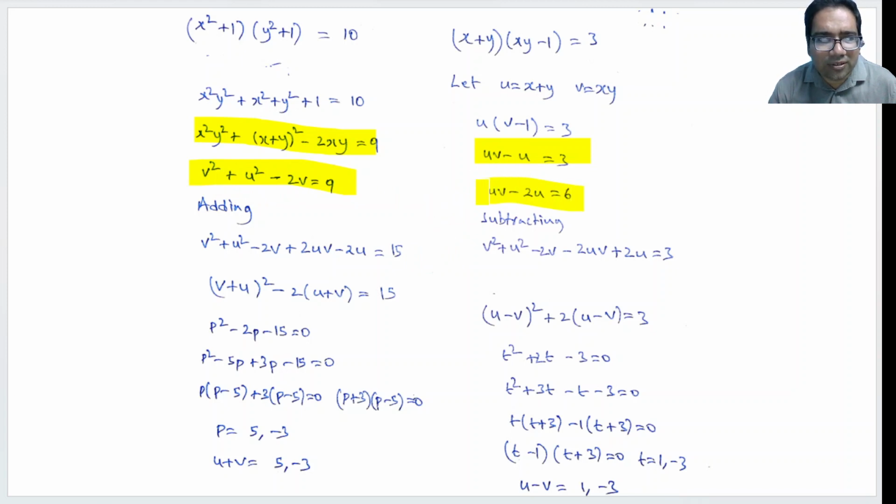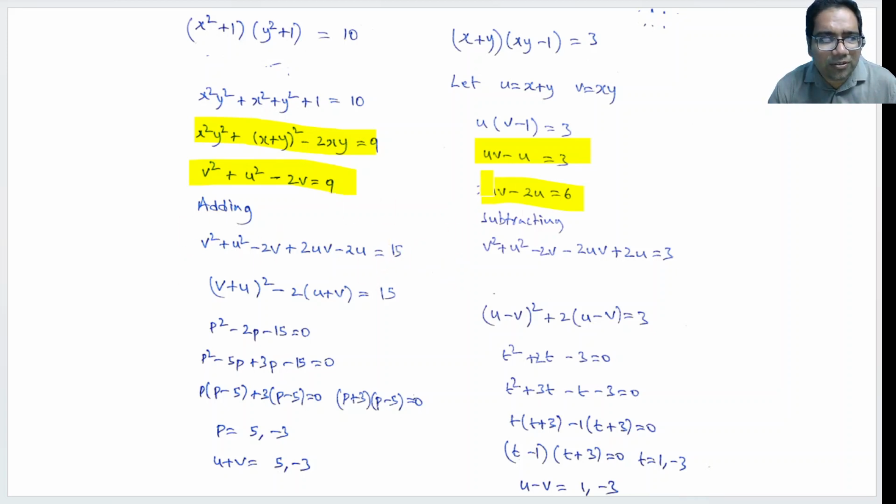We are just doing the double of uv − u = 3, so 2uv − 2u equals 6. Why are we doubling? Because we want a square. So v² + u² − 2v + 2uv − 2u equals 9 + 6, which is 15.